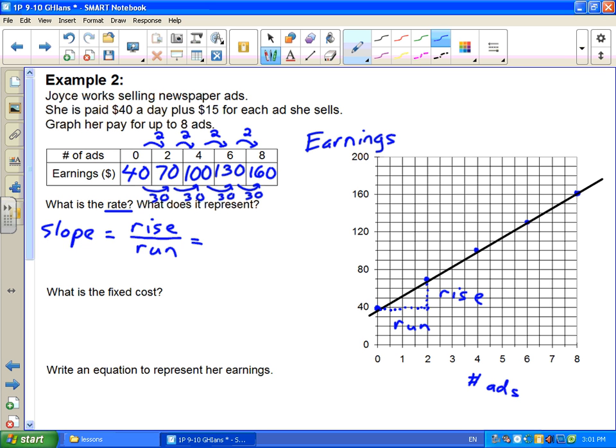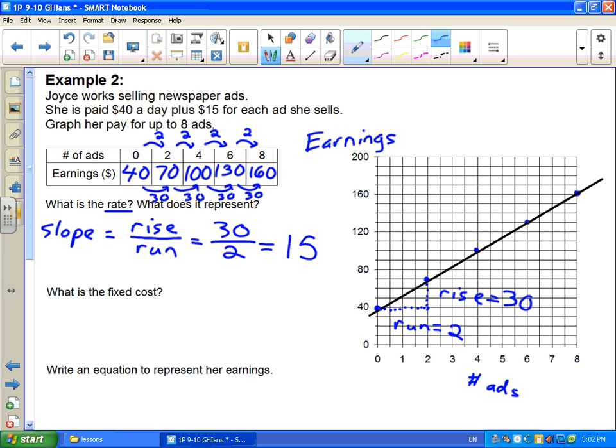Well, it's starting at 40. It's going to 70. So my rise is going to be what? As I go from here to here. Exactly. And what's my run going to be? Well, how much do I go over as I go from here to here? Well, I'm starting at 0. I'm going over to 2 ads, so my run is 2. So 30 over 2 is 15.